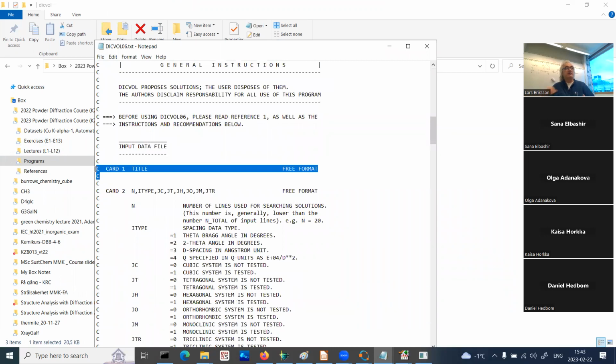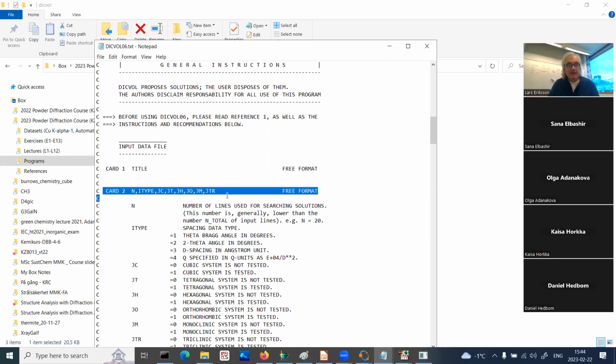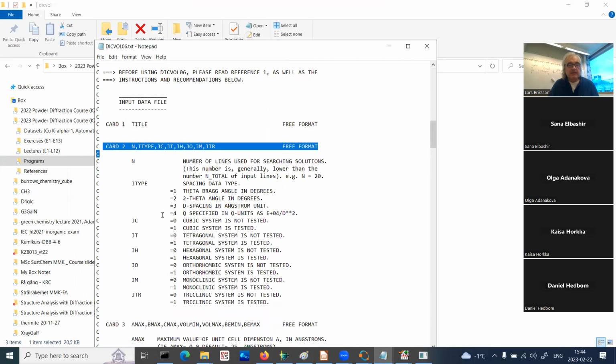Card comes from punched cards. Back in the Stone Age, we had punched cards. I just started here when we got rid of the punched card. But record number 1 or line number 1. And line number 2 is these parameters, and they are described below here.